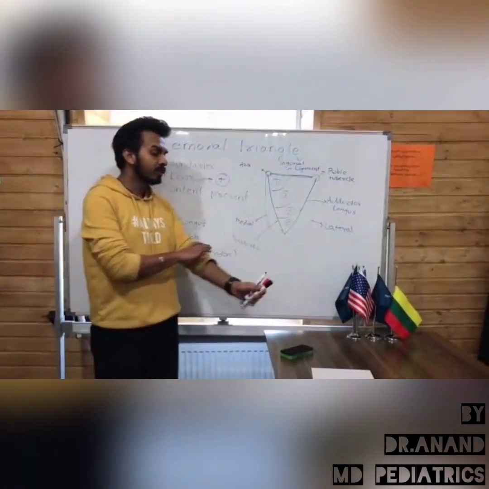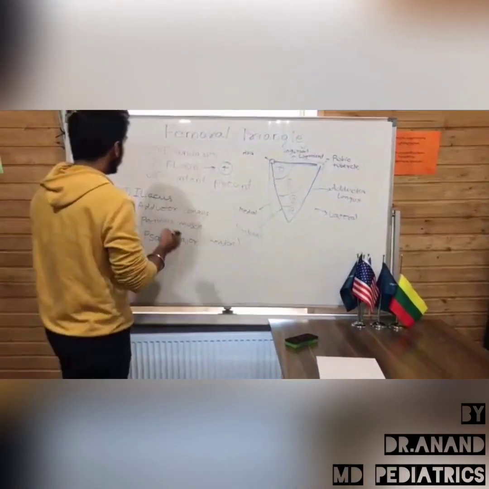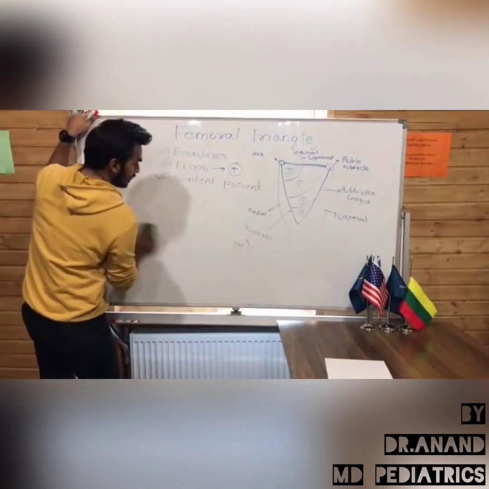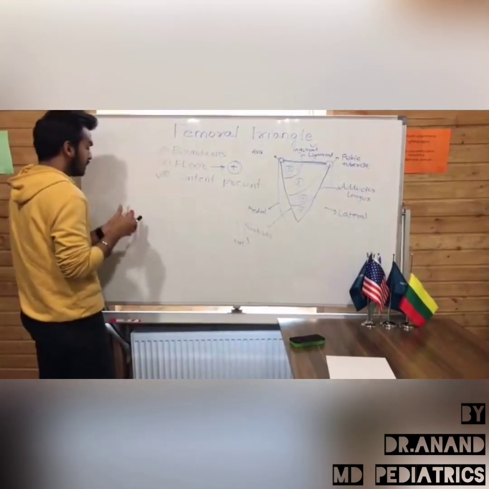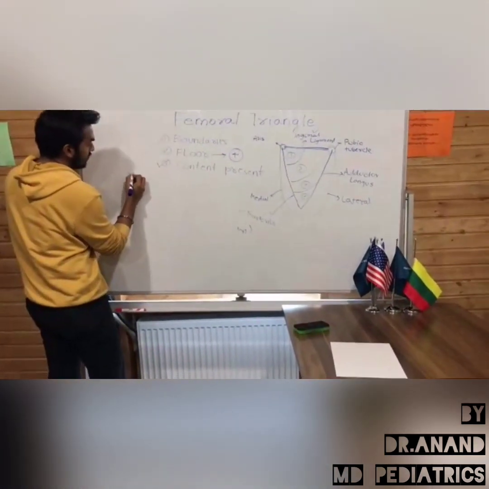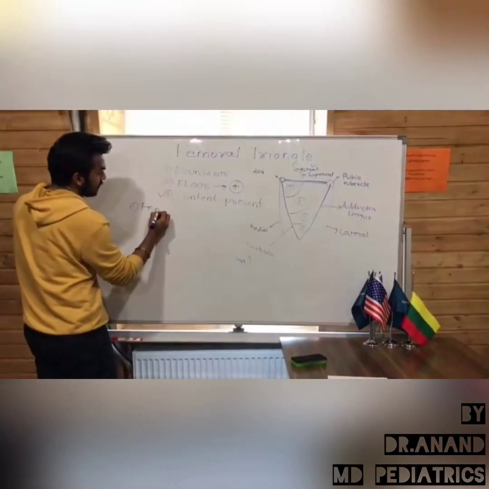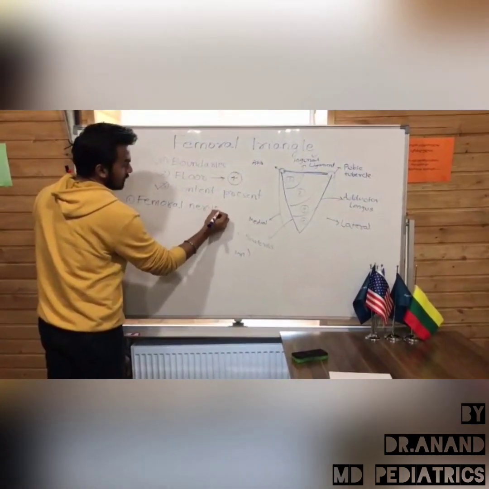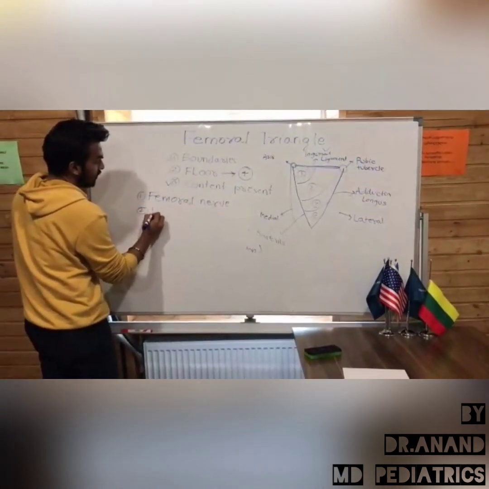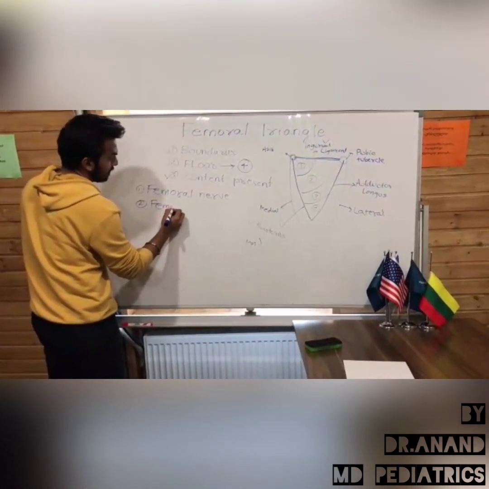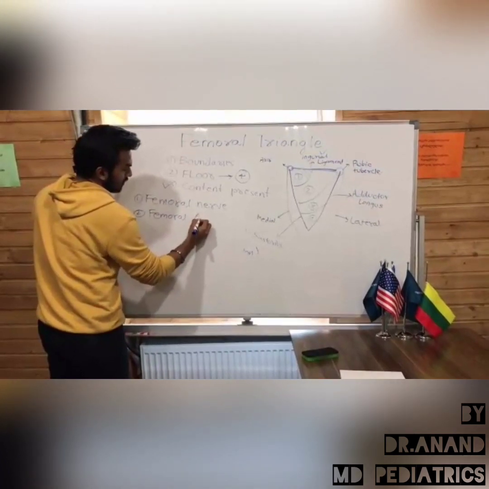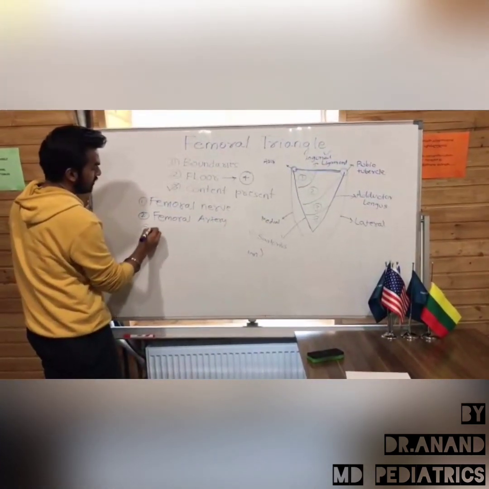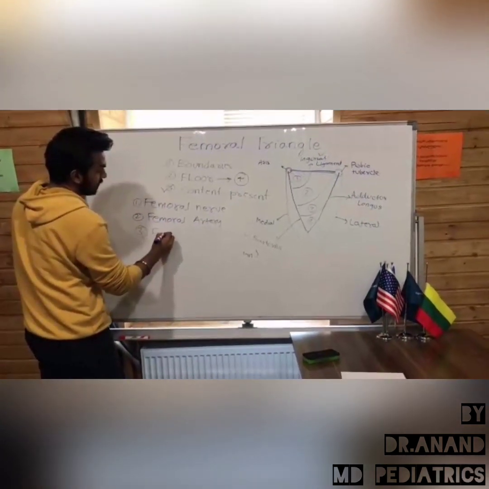So the contents present in the femoral triangle are: first, the femoral nerve. Next, the femoral artery. The third one is the femoral vein.